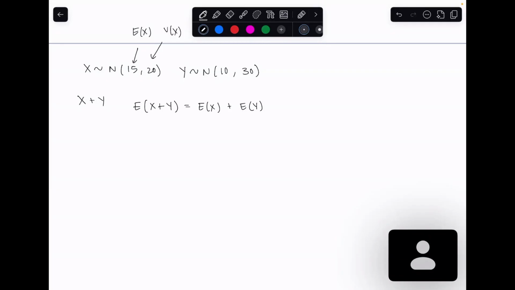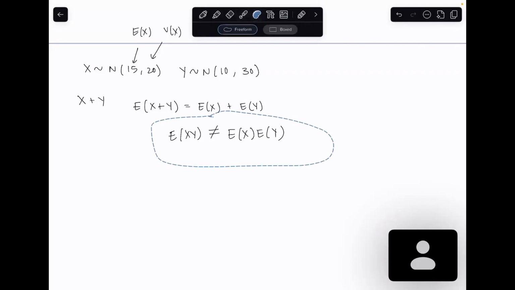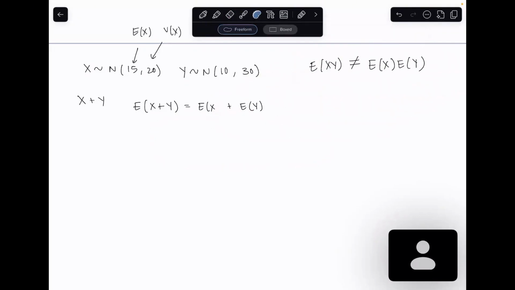Common mistake here: the expectation of X times Y does not necessarily equal this. If it does, that might mean that we might be dealing with something that's independent, but that's not always the case. So just keep that in mind.